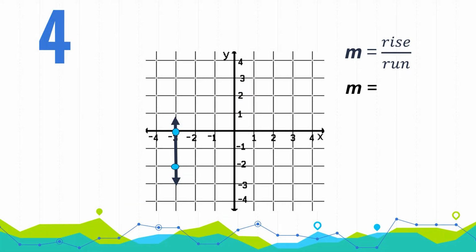Example number 4. The given graph is a vertical line. So, to find the vertical change or the rise, we have to count from one point to another. 1, 2. So the movement of our counting is upward, and that is positive 2.